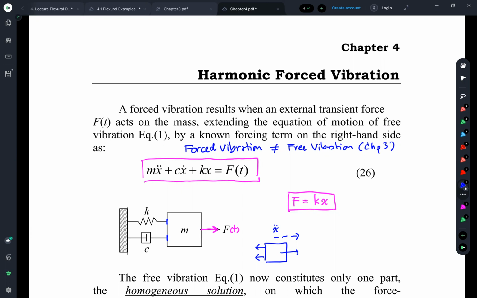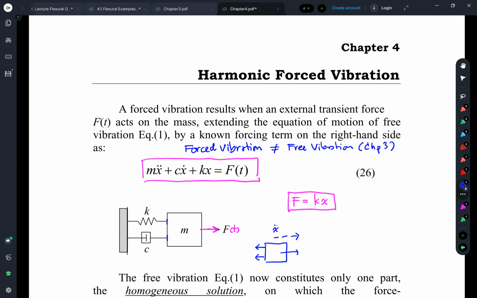However, when we look at equation 26, we find some difficulties, at least if you have the knowledge of second order differential equations from mathematics. Solving equation 26 is normally very difficult, except for some special kind or type of force.